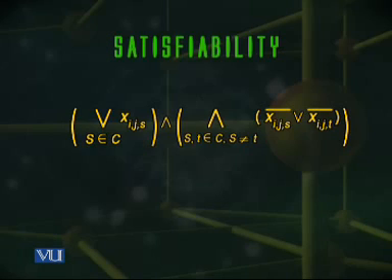Let's try to read this in English. x i j s is true when the ijth cell contains s. So it will be false if the ijth cell does not contain s. So this is saying either the ijth cell does not contain s or the ijth cell does not contain t.